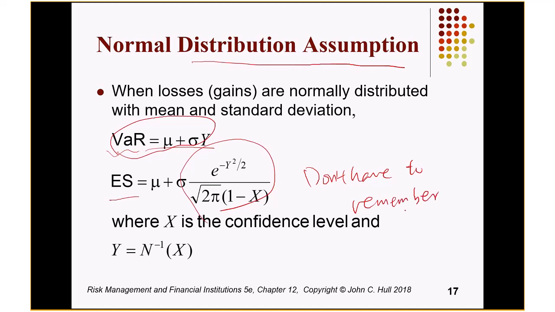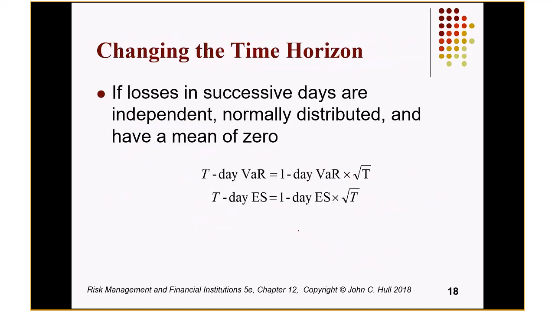For the sole purpose of the requirement for an undergraduate finance degree, you don't have to remember those. However, if you're interested in doing more things, I still don't recommend you remember. If you can derive it, that's very different, right? If you can derive it, that would be very different.